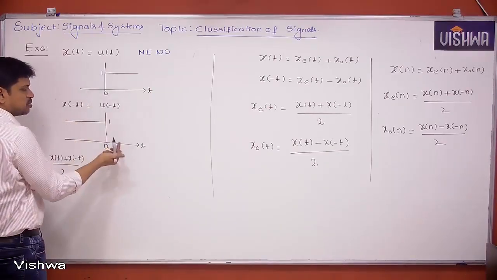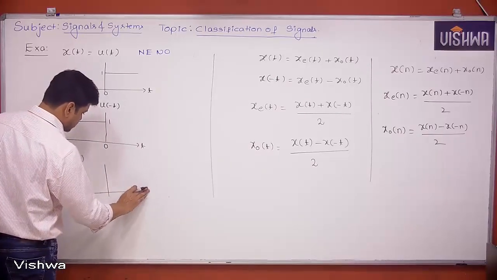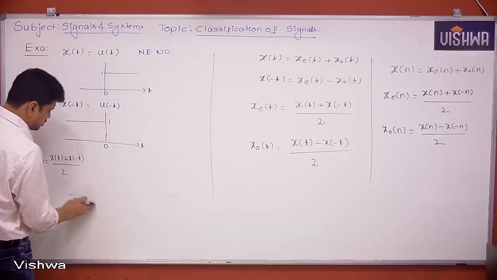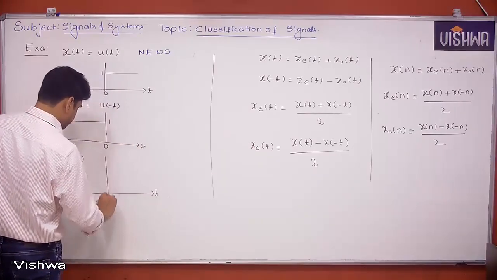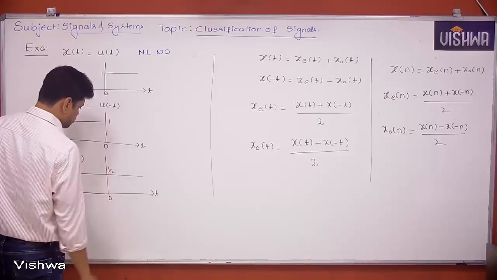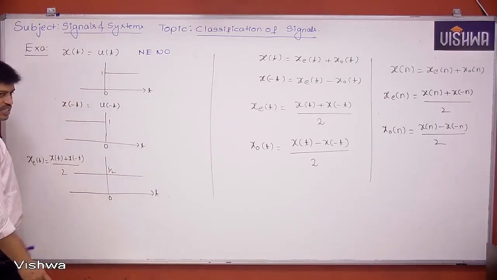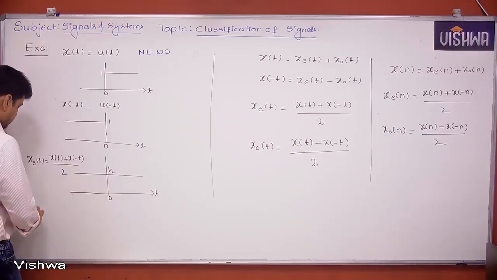After 0, 1 plus 0 by 2, that is 1 by 2. So finally we get a signal like this, whose value is equal to 1 by 2. Is it an even function? Yes. If you fold it, you get the same thing. So it is an even signal.